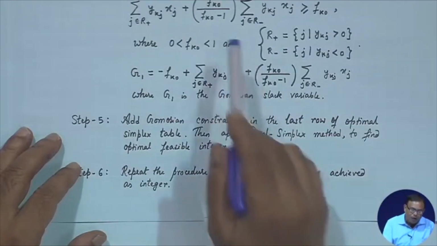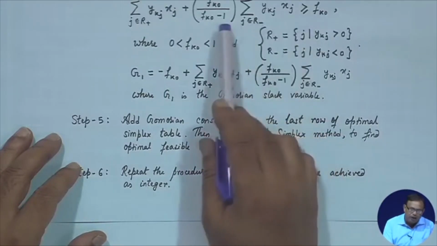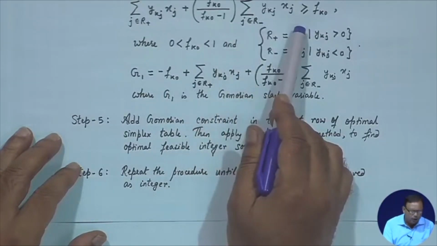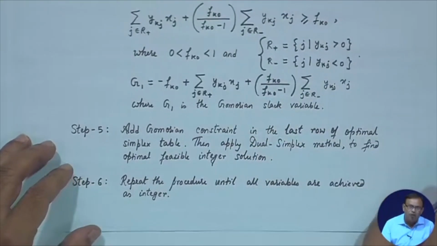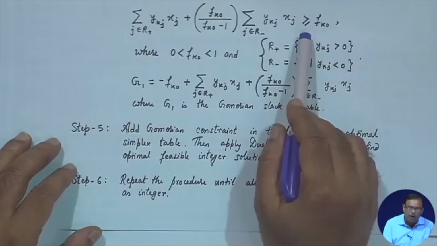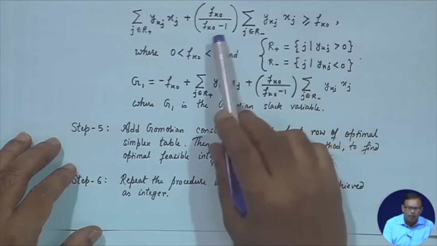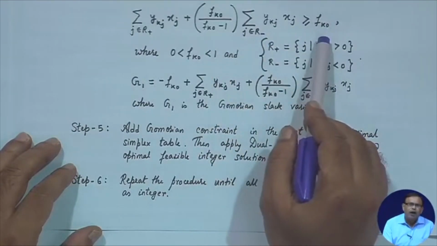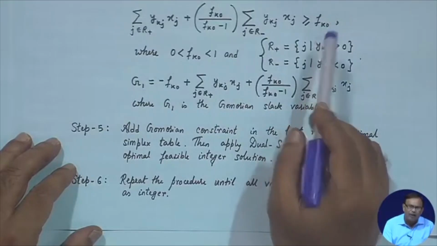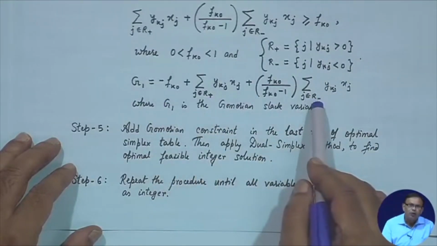On this inequality constraint, this is already greater than equals type of inequality. We first make it the less than equals type inequality by multiplying by a minus sign on both sides. Then you add the Gomorian slack variable g 1 and you get this particular equation.